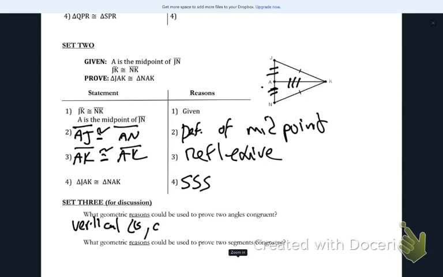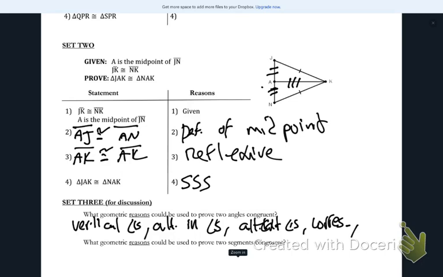So I'm just going to abbreviate alternate interior angles, alternate exterior will be the other one, your corresponding, and then the last one could also be the definition of isosceles triangles, because as you guys know, if you have an isosceles triangle, then the base angles have to measure the same thing, right?